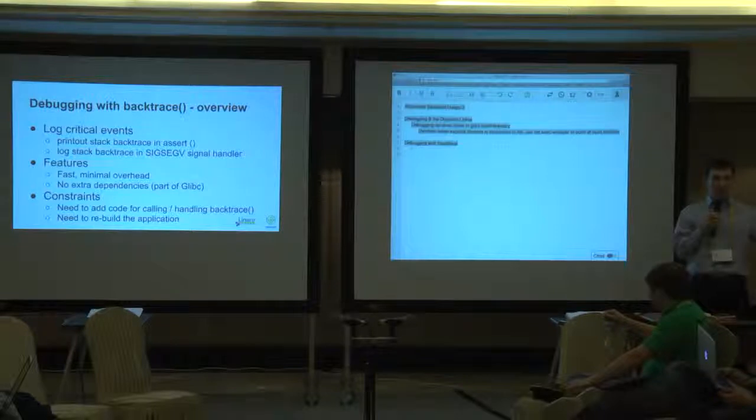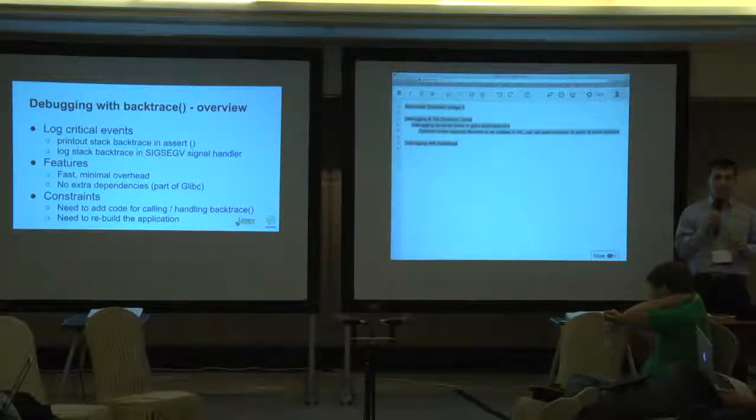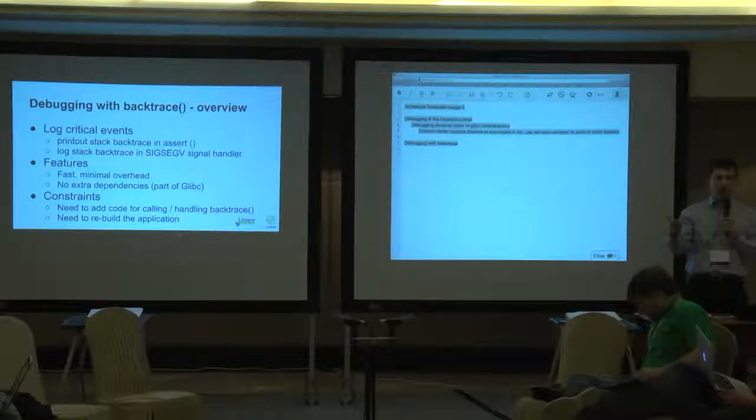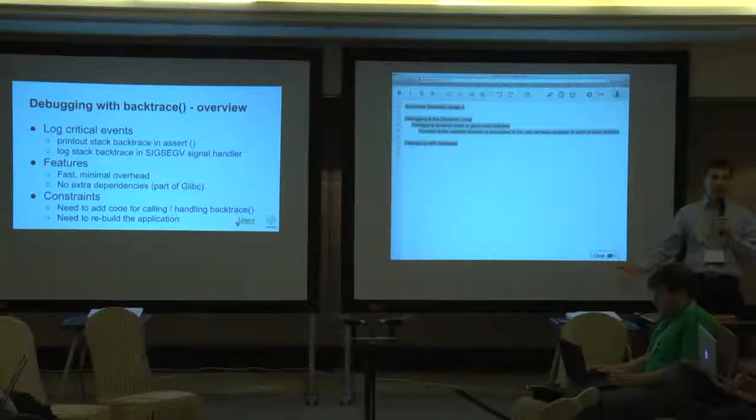On the large scale, it just gives you the full backtrace, which is what you can get from a normal debugger. But it can either print it out to a console or to a log file, so that you don't have to run the program in the debugger when the critical event happens.